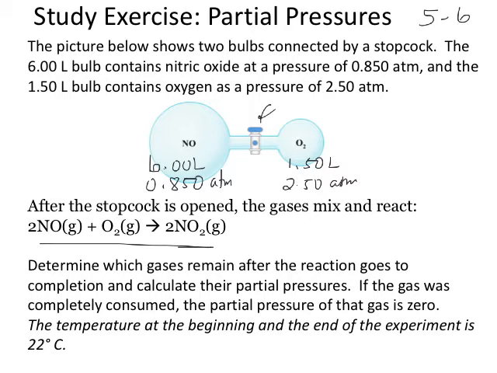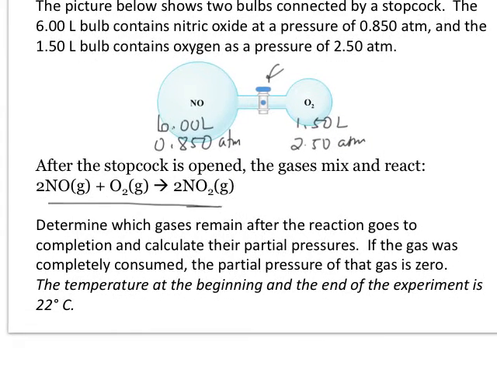Okay? Now, this is a limiting reagent problem. Determine which gases remain after the reaction goes to completion and calculate their partial pressures. If the gas was completely consumed, the partial pressure of that gas is 0.